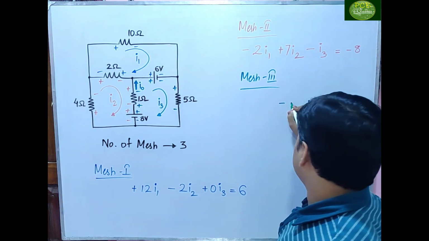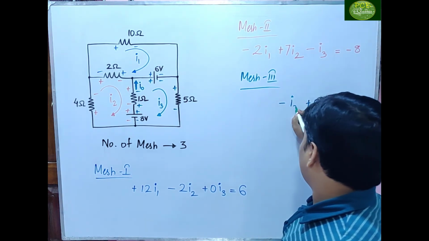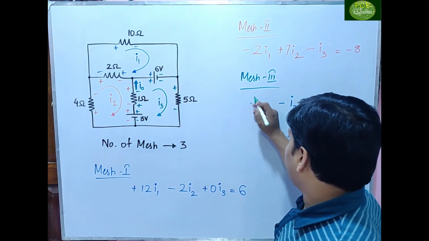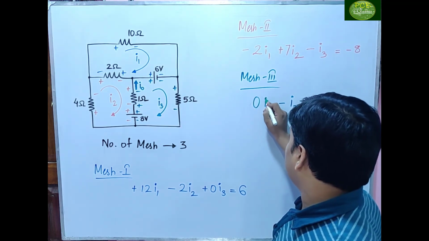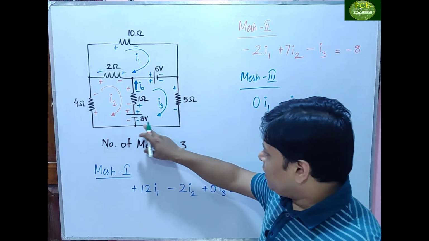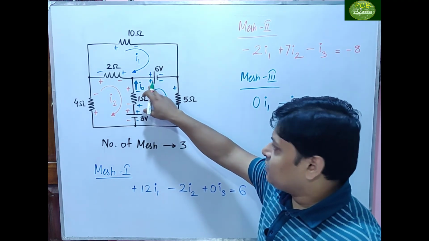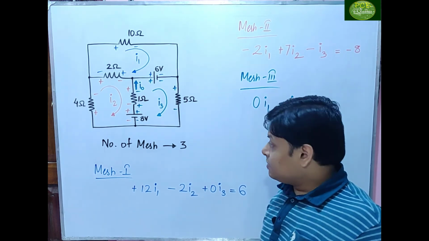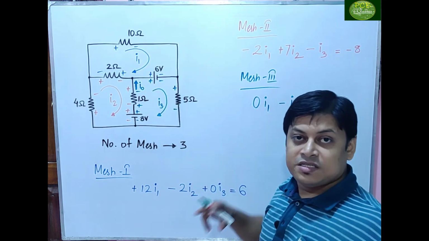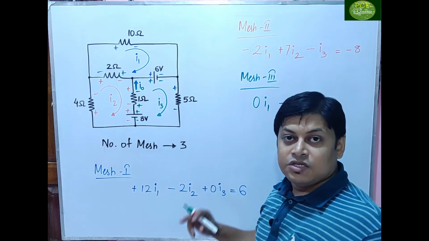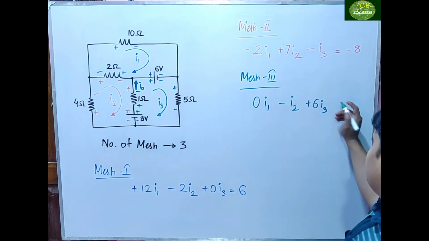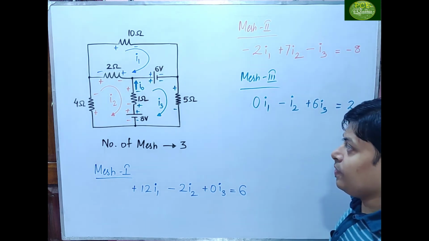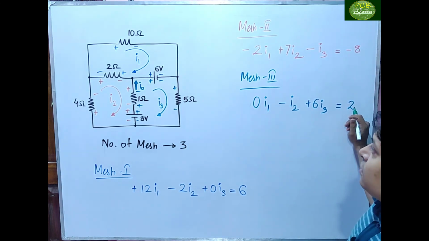So I'll write down minus 1 into I2. Is there any current for I1? No. So it is 0 into I1. Next, where it is entering? Minus 8 plus 8. Minus 8 plus 6. It is minus 2. But if it moves that side, it will be 2. Clear? This is the third equation.